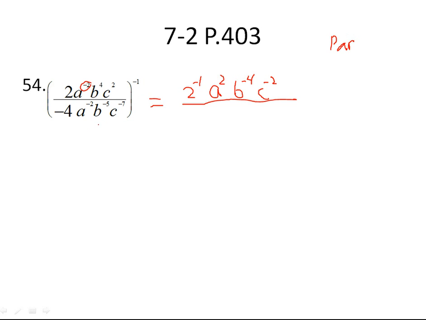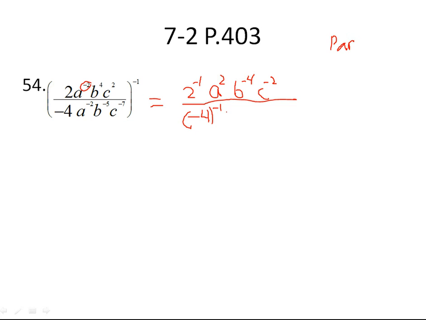Okay, then we go down to the bottom and we have a -4, and that -4 is going to be raised to the -1 power. So we put it in parentheses because the -1 has to act on everything in the denominator, so it's got to act on the -4, not just the 4.